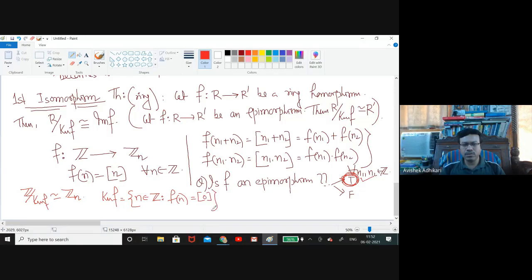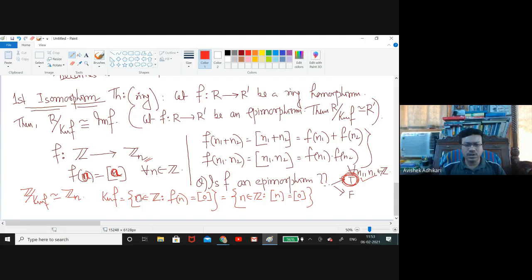Class 0. That means all such n belonging to Z such that f of n, meaning class of n, is equal to class of 0. So what kind of n should it be? Oh okay, I should not put n here, sorry. Already I have used n, so I should use a here.